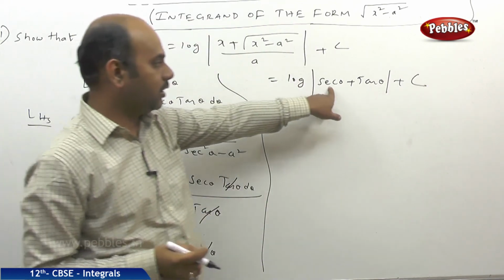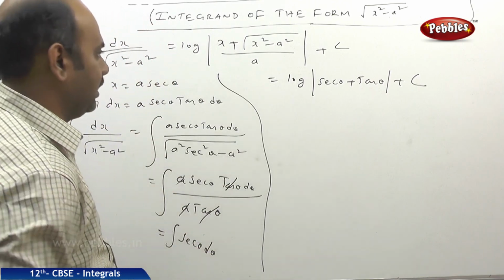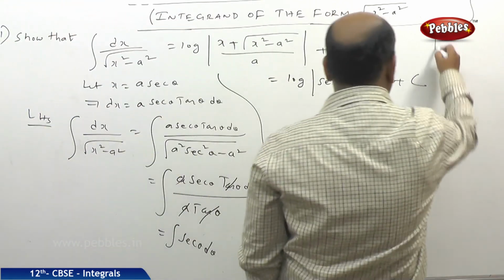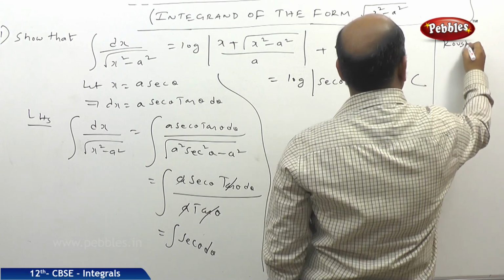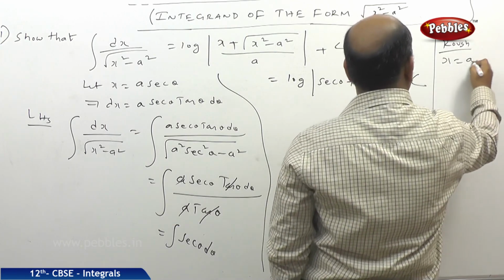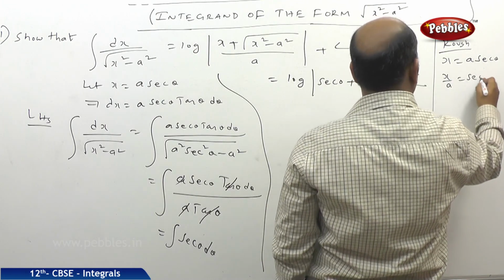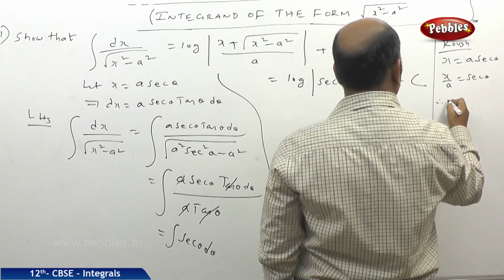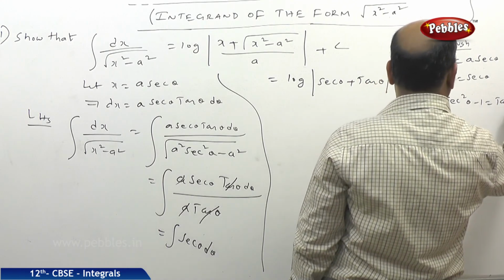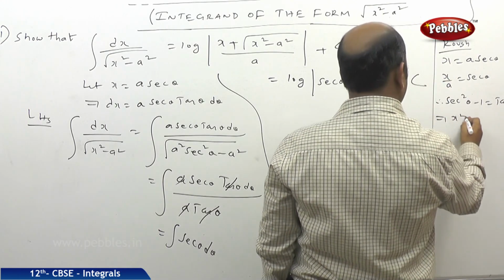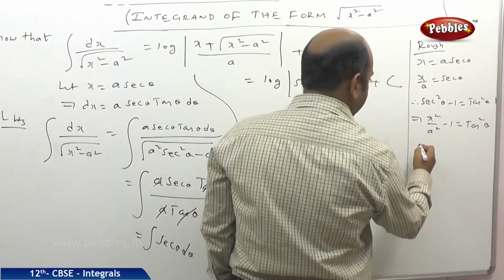Again, we got it in terms of trigonometry, but we need to convert it in terms of algebra. So again the same procedure. In rough I am doing this calculation. x is equal to a secant theta, so x by a is equal to secant theta. So secant square theta minus 1 is equal to tan square theta, so x square by a square minus 1 is equal to tan square theta.